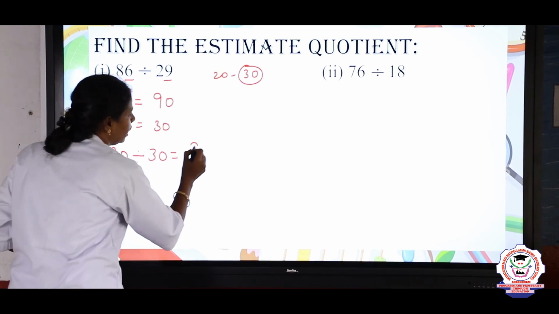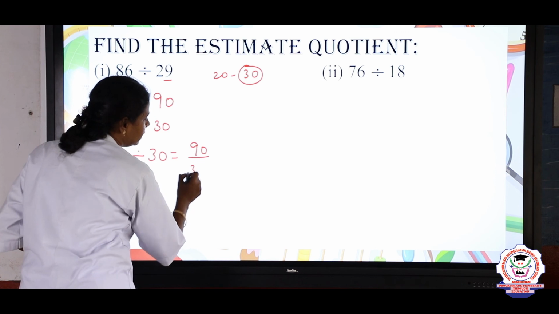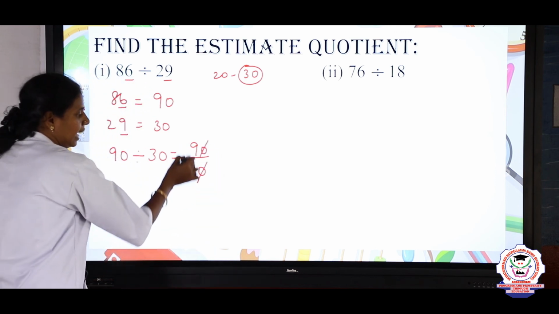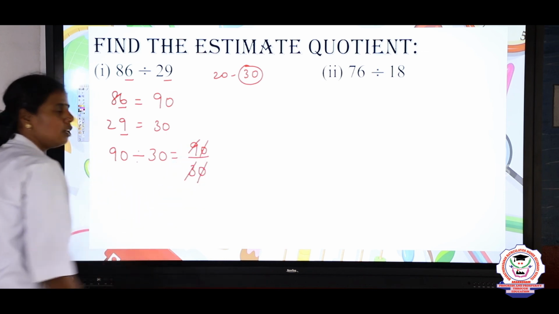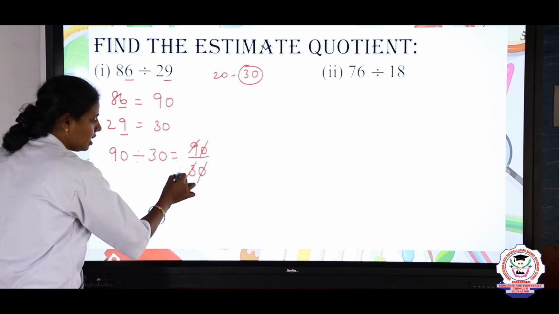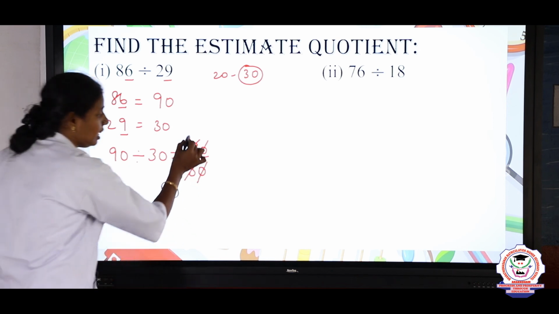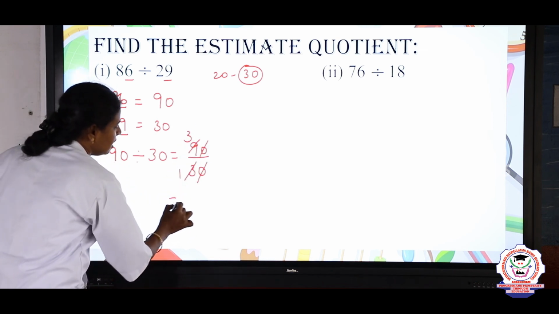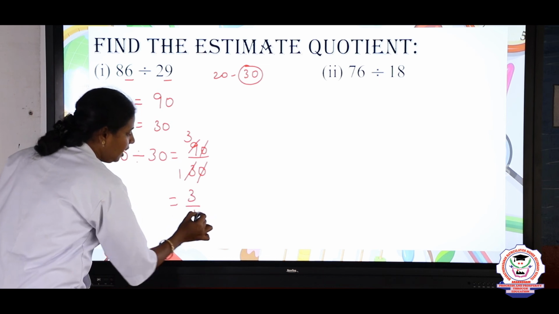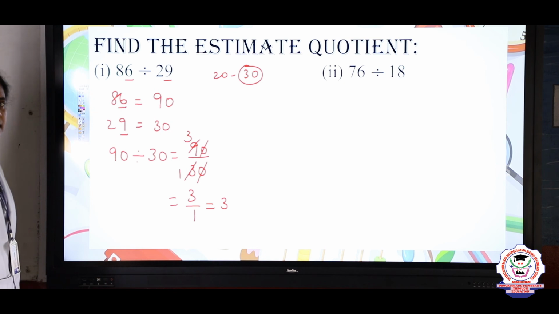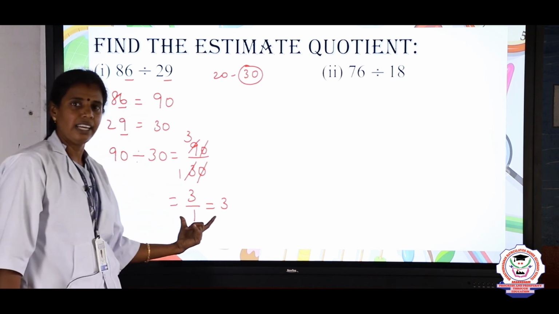Cancel this 0 and 0. And 9 and 3 we can cancel using the 3 table: 3 ones are 3, and how many 3s are there in 9? 3 threes are 9. So the answer is 3 by 1, so the quotient we can write as 3.